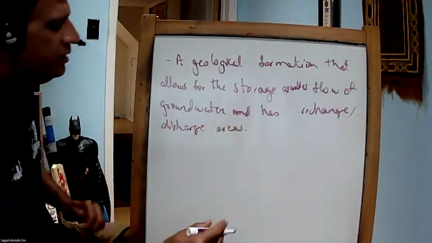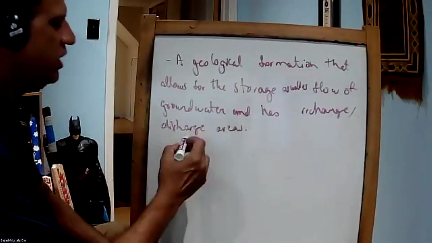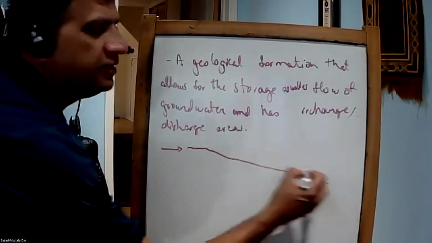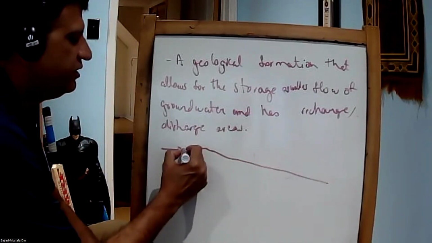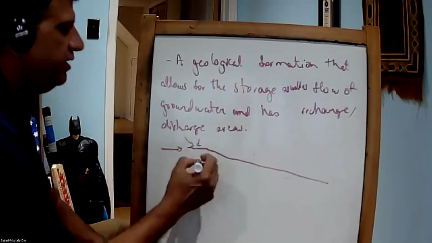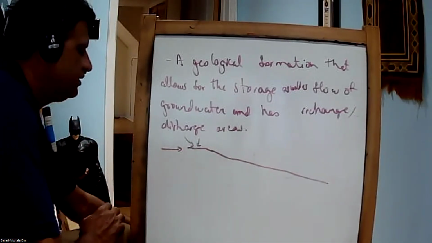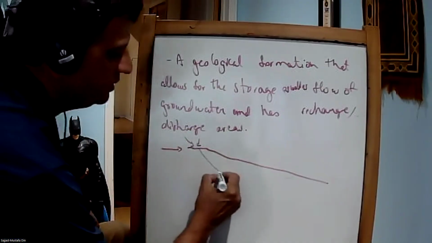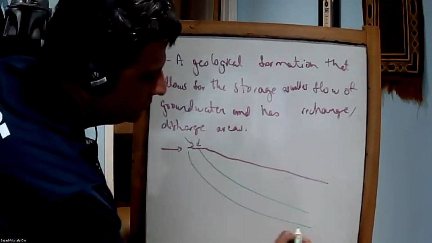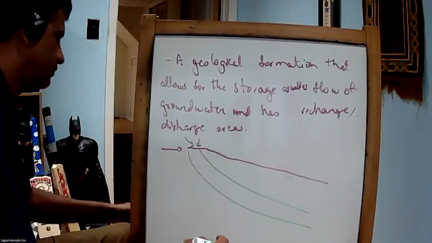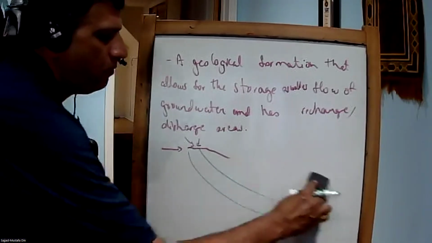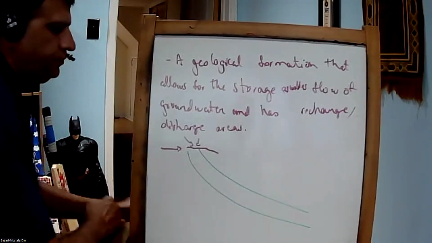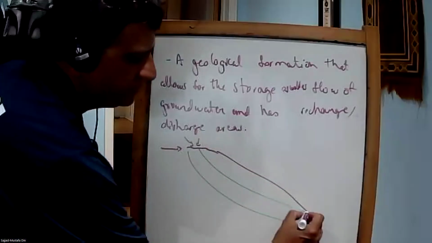So what does that mean? That groundwater or water would enter in one location. So let's say that's the ground surface, right? Water enters the aquifer here. Let's just draw the aquifer. I'll draw it in green to make it easy. It's the aquifer. Ground surface.